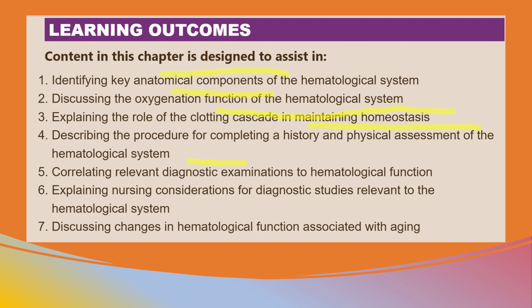Reticulocyte count is the bone marrow response. The PT-INR and the PTT, the clotting, iron studies, bone marrow biopsies, and hemoglobin electrophoresis for sickle cell or thalassemia. Those help diagnose anemia, clotting disorders, malignancies, and nutritional deficiencies.